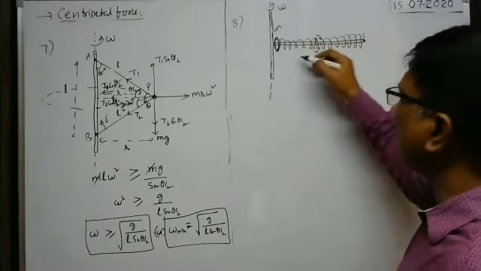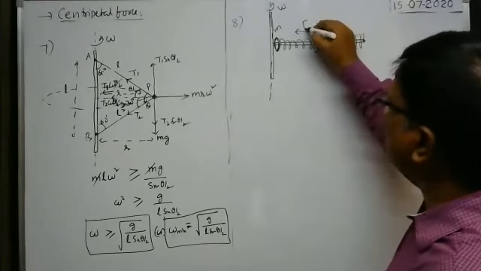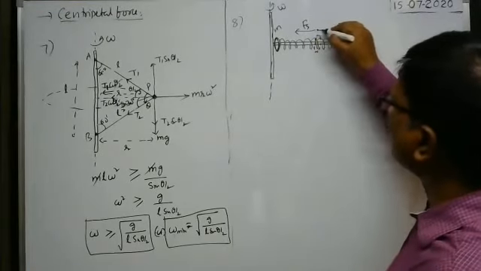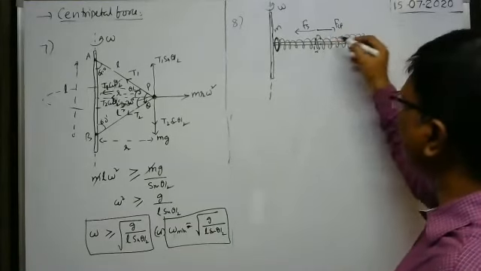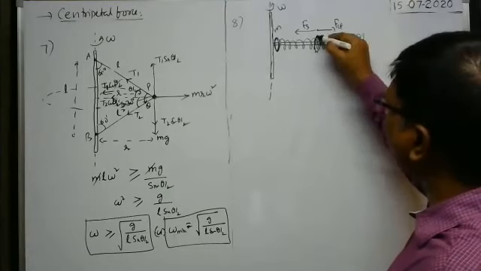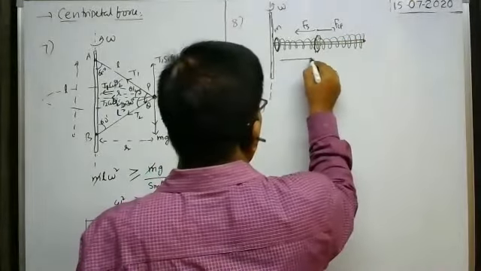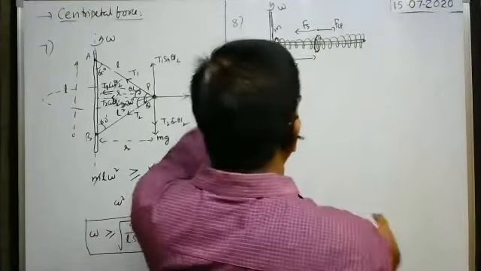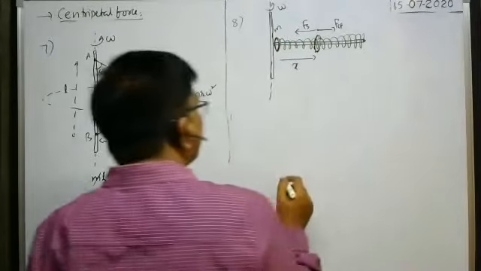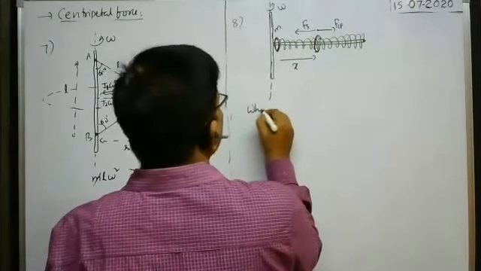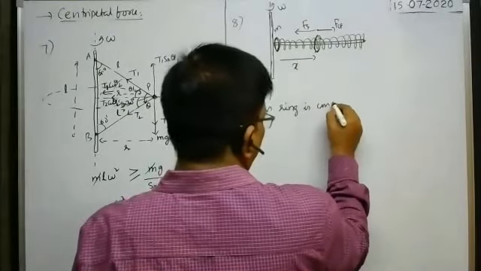Then the spring force Fs acts on the ring towards the axis of rotation, and the centrifugal force FCF acts in this direction, and the ring is under equilibrium at this position. Suppose the ring is displaced through a distance x when it is under equilibrium.